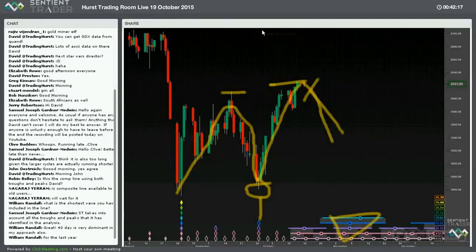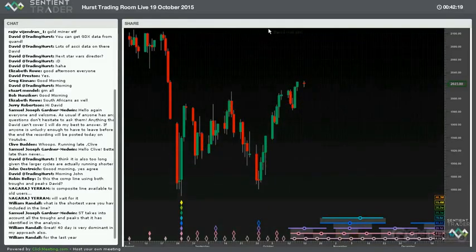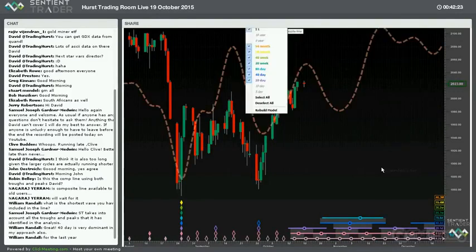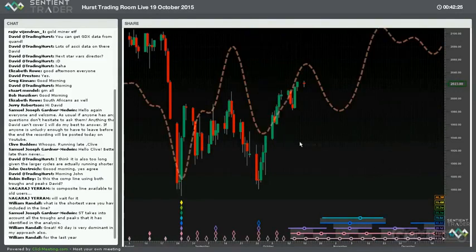Let's pop up the composite model line. I think I've brought it down to 20 days here. Now, this composite model line, in my opinion, is a bit closer to the real price action. I think perhaps you can see that, but when we zoom out, you'll see it a little more clearly.